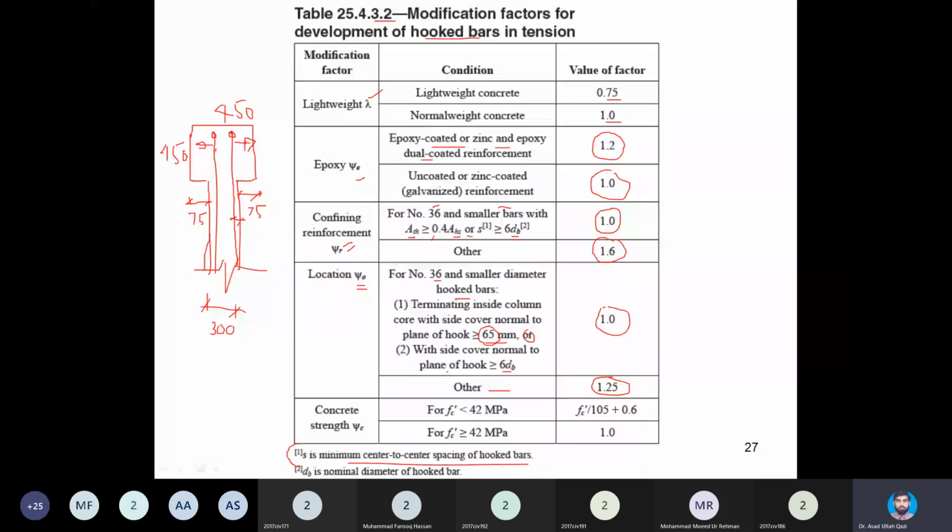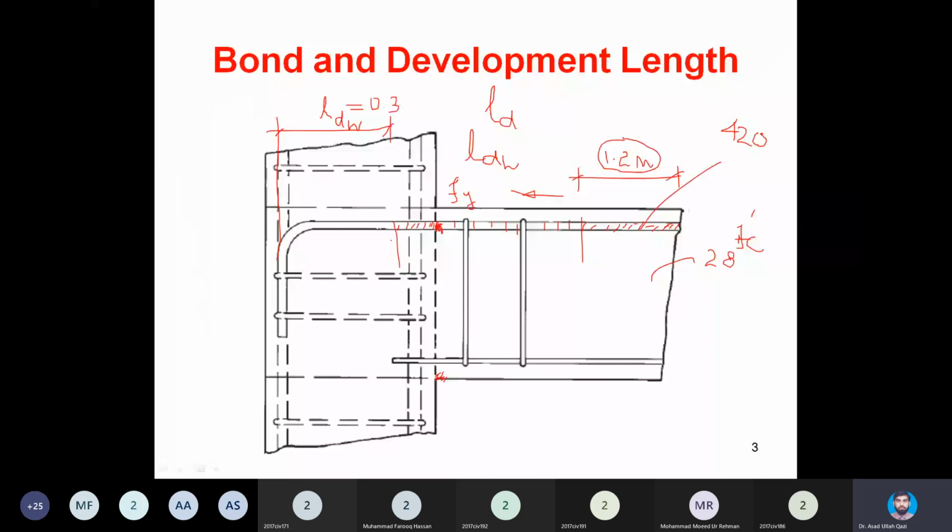You need to sketch and conceive the beam column joints where hooks are present, and accordingly select the applicable modification factors. And finally, keep in mind that your target is to develop the steel well within the column, well before the face of the support, because if it is not developed well before the face of the support, you can't get the full capacity and the ductility.